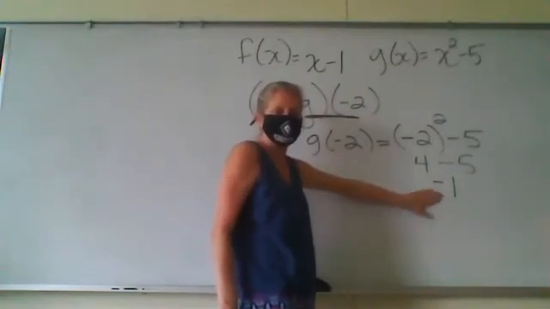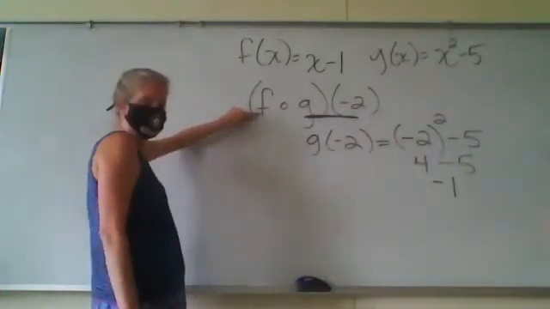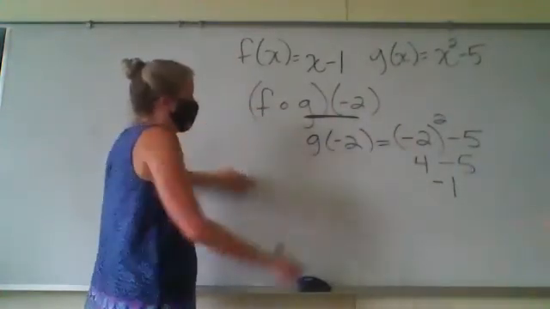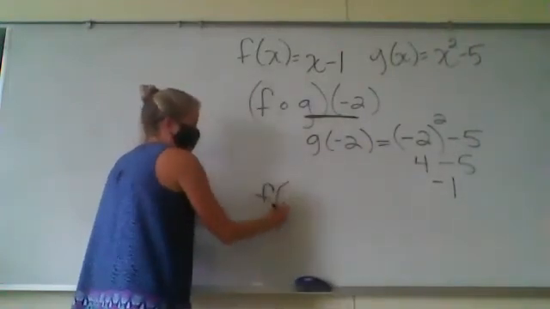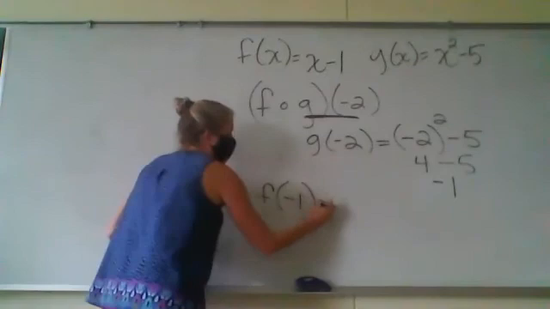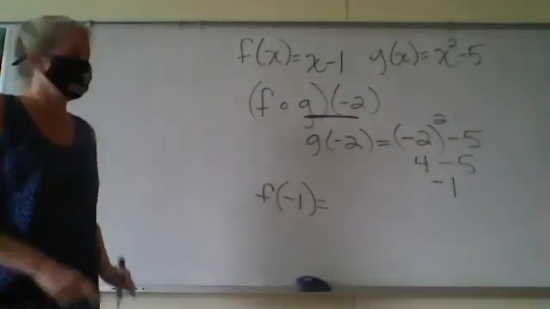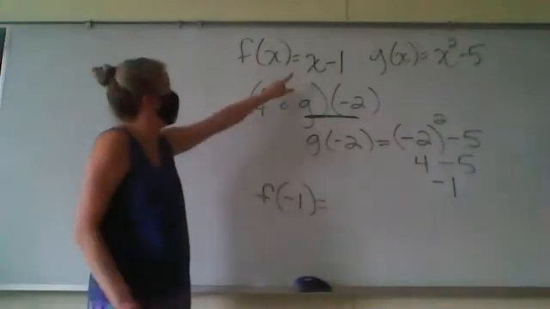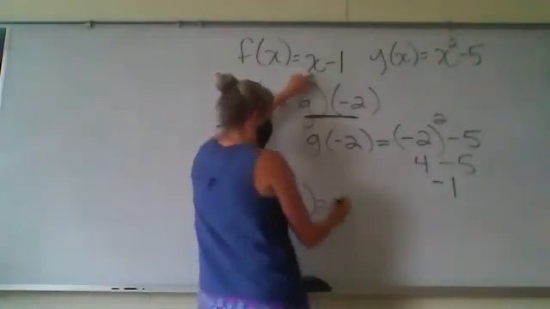Remember, what I said to do with this answer is now to find f, which is the outside, of whatever that solution was. So what am I finding f of? Negative 1. So let's see. I'm going to go to my f function this time and replace its x with negative 1.